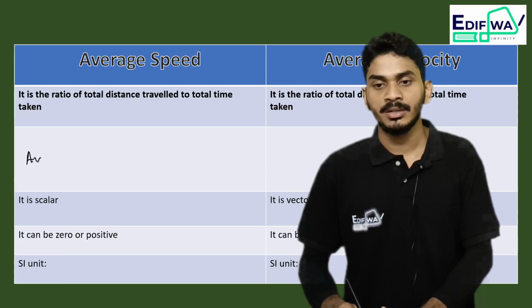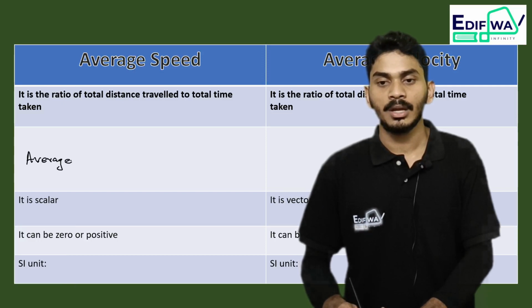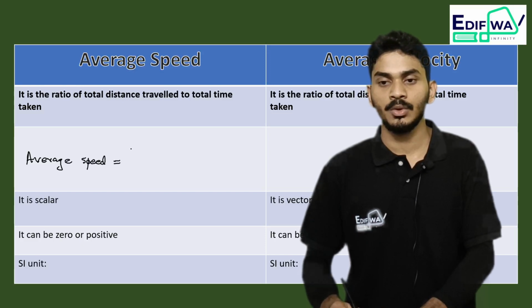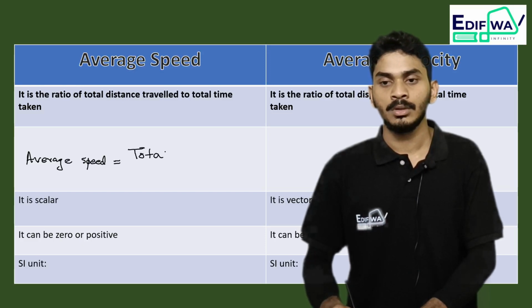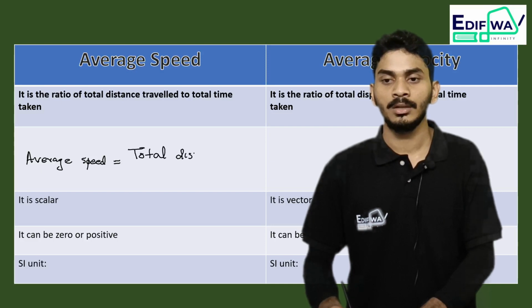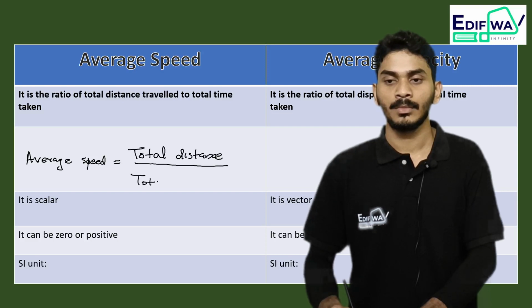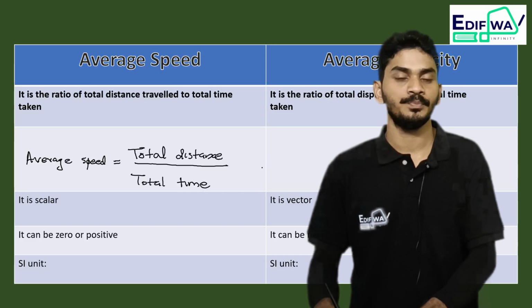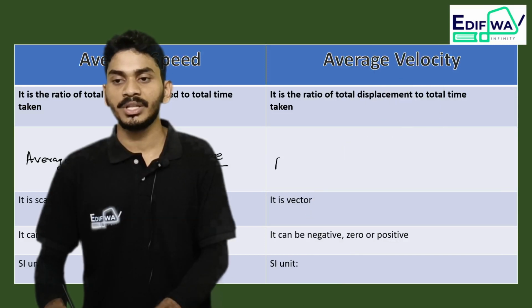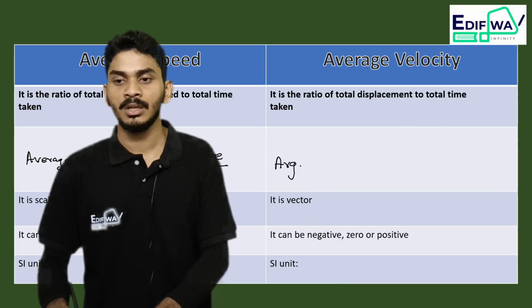Average speed is equal to total distance by total time.